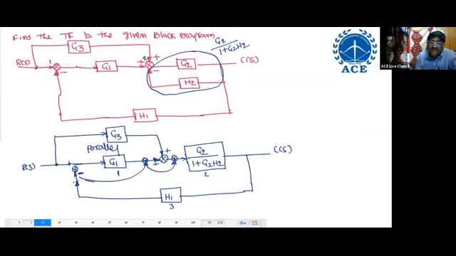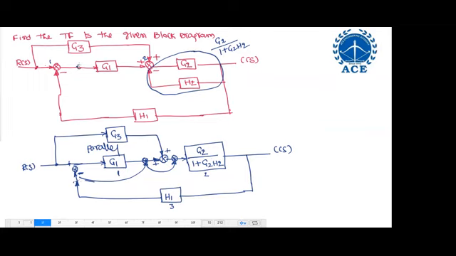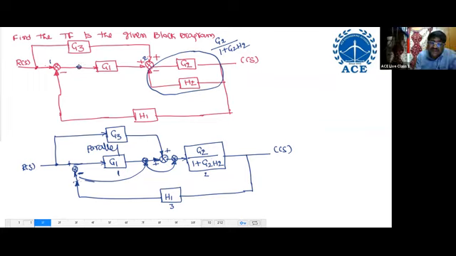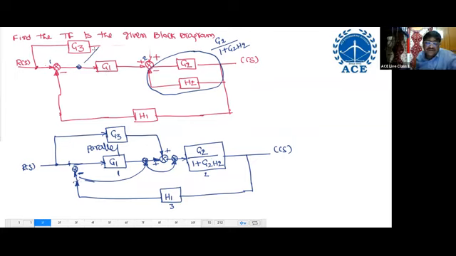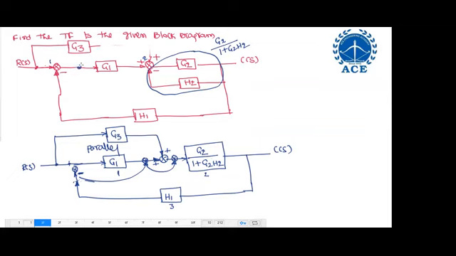If I shift here, how many blocks, tell? That means this one will come to here. Now how many blocks count? 1, 2, 3. Yes or no? Yes, sir. One block extra. G1 extra, so G3 by G1 you will get. Okay, sir.